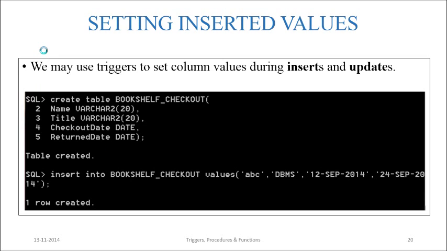Setting the inserted values. We can use the triggers to set the column values during the insert or updates. So here is an example that stores an uppercase version of a value along with the mixed case version entered by the user.